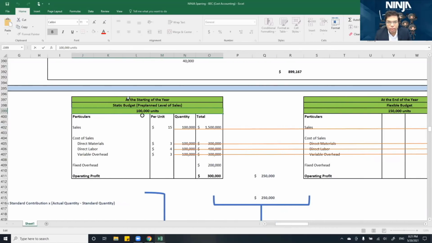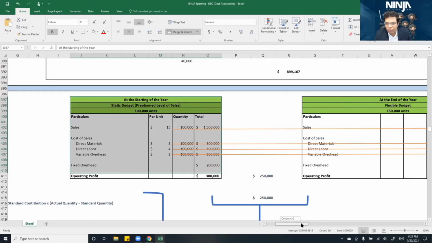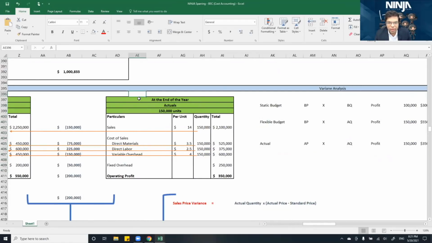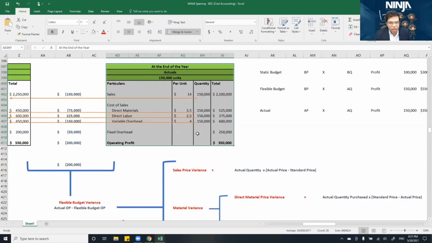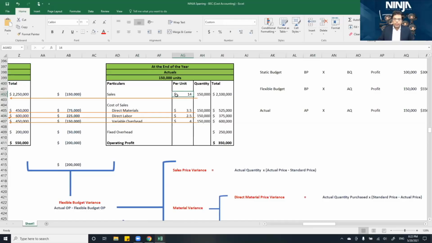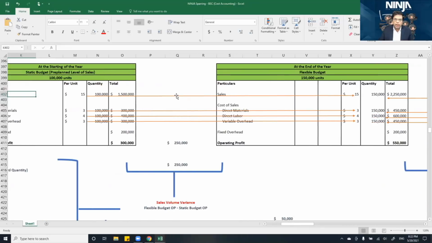Now, once the budget has been made, you have actual information. This is where the actual information comes in. This is the actual data for the year. Now, this year, if you see, we sold at the rate of $14 per unit. Instead of the planned level of 15, we sold at the rate of 14.